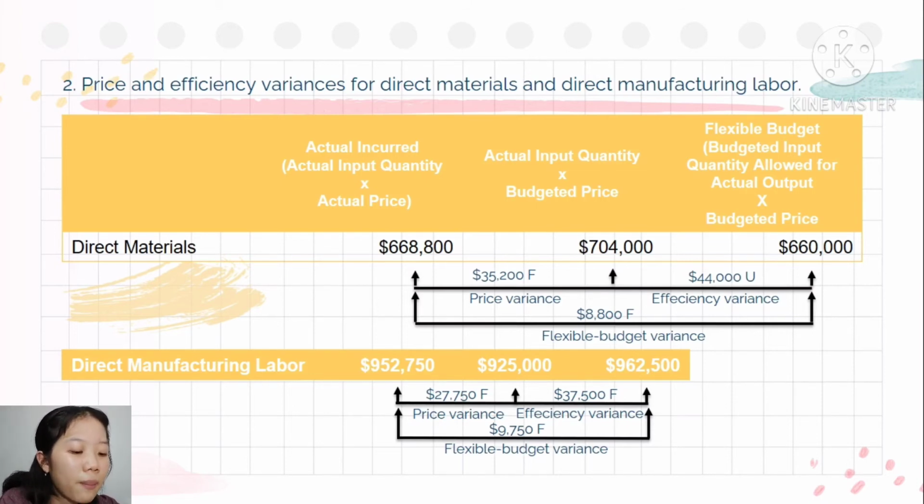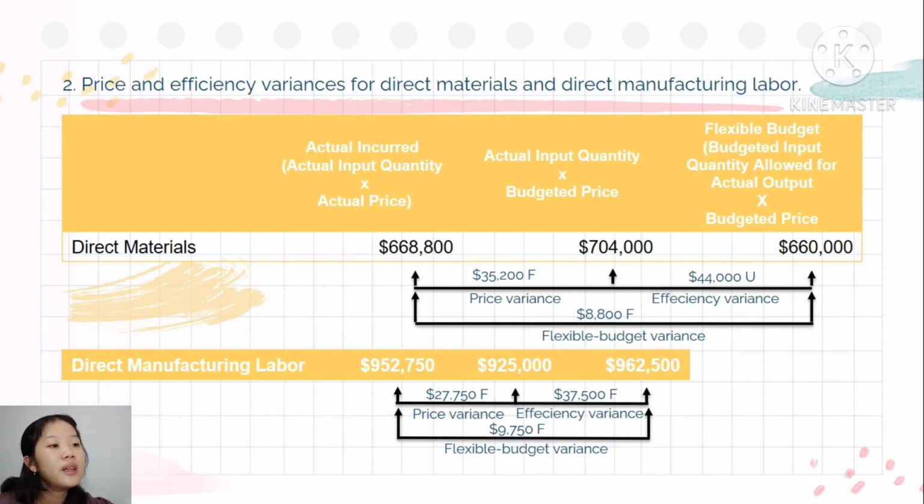And the last is the flexible budget. It can be known from the number of statues, which is 5,500 statues times 12 pounds per statue, and times again the $10 per pound, and it gets the result of 660,000.